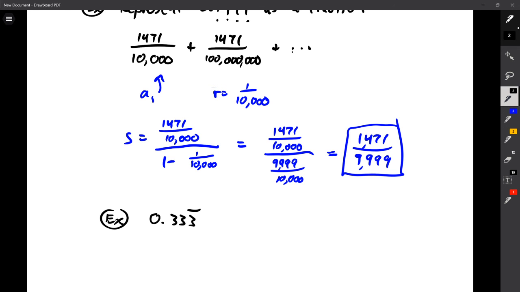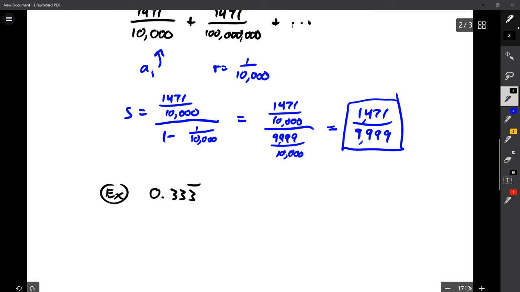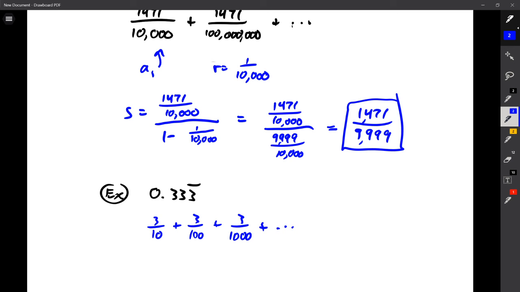But what you're saying is that 3/10 plus 3/100 plus 3/1,000 plus, when you add up this infinite number of terms, adds up to exactly 1/3.